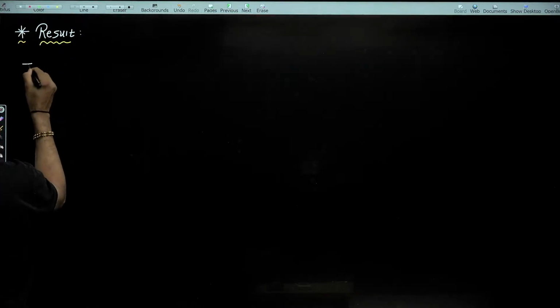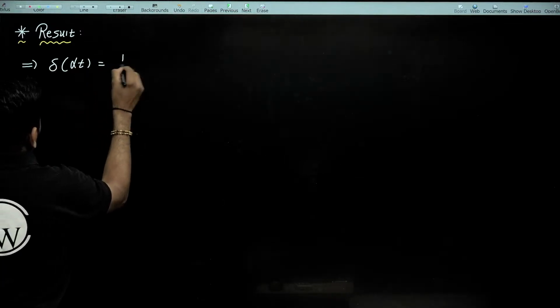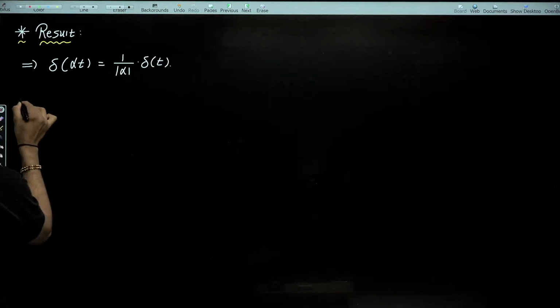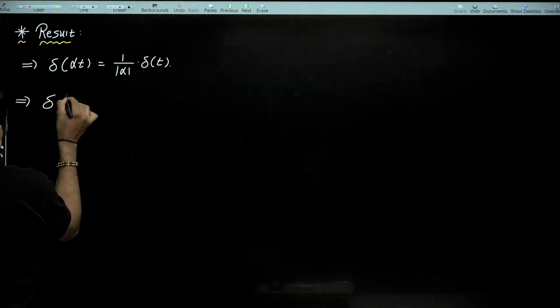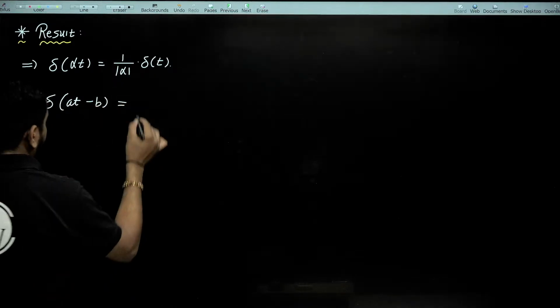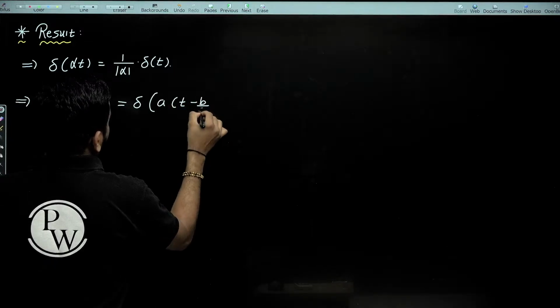Important result. We know that delta of alpha t is equal to 1 by mod alpha delta t. Here, delta of a t minus b, what is the answer? First of all, take a common: t minus b by a.